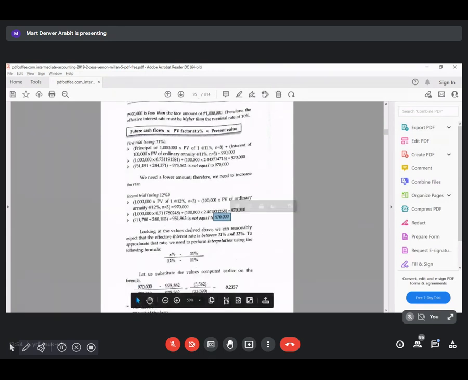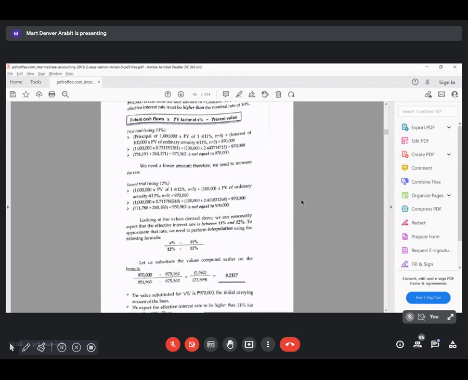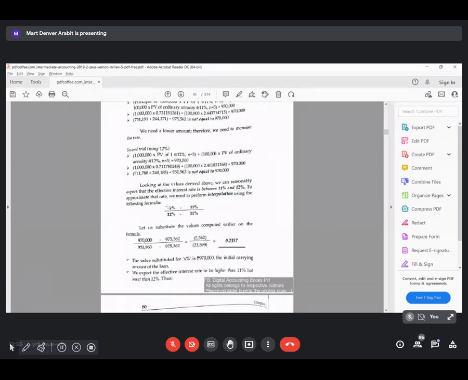And looking at the values derived above, we can reasonably expect that the effective interest is between 11 and 12, approximated rate. We need to perform, ito pala, interpolation. Andito pala siya. So, yun din yung tawag ni Milan sa method na to, which is interpolation. So, X%, which is ito yung hinahanap natin, minus 11, and 12 minus 11%. So, kukunin lang natin yung mga present values na na-compute natin using these rates.